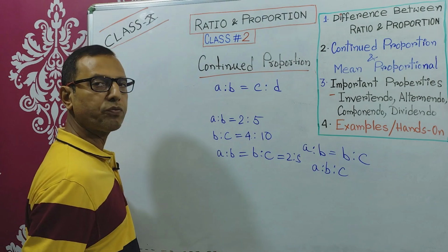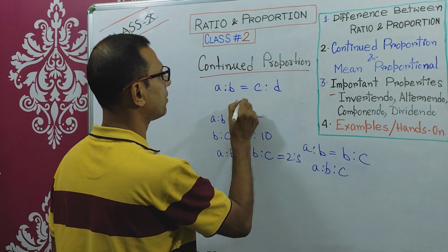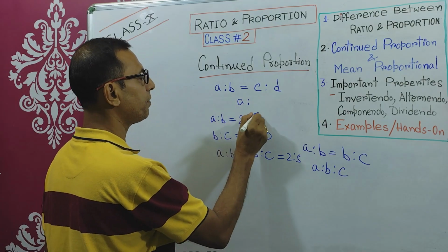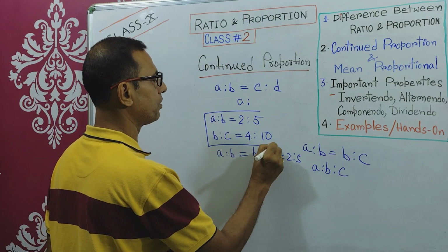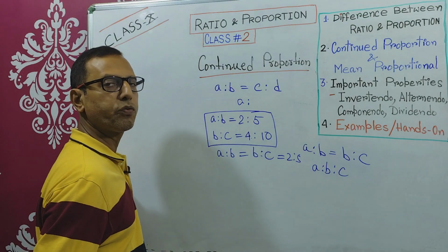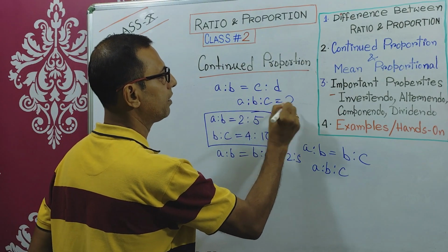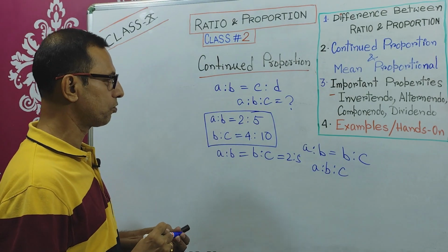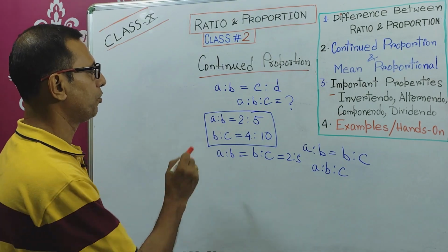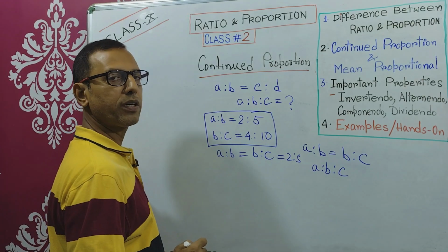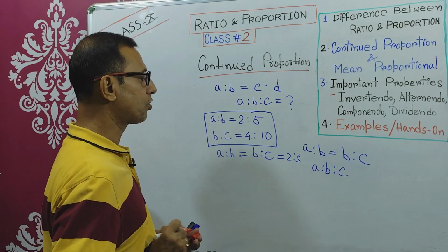But if you are asked to find A is to B is to C, if the relationship is given A is to B equals 2:5 and B is to C equals 4:10, then find A is to B is to C. What is the value of A is to B is to C? In that case, what you need to do? You need to make the value of element B common, which is not here.